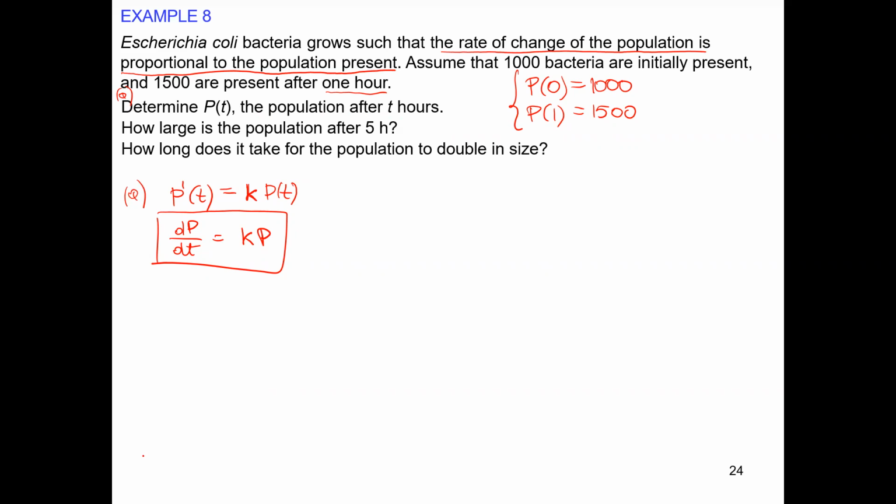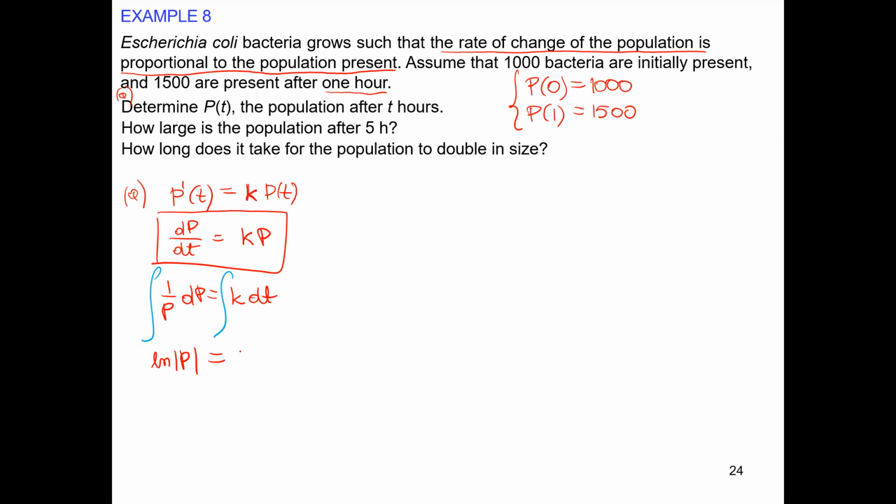Okay, let's solve it. We just did it, but let's solve again. I will divide by p, keep dp, I will keep the constant k and dt. Now the separation is done, the moment of integration. Integral of 1 over p is ln of p.